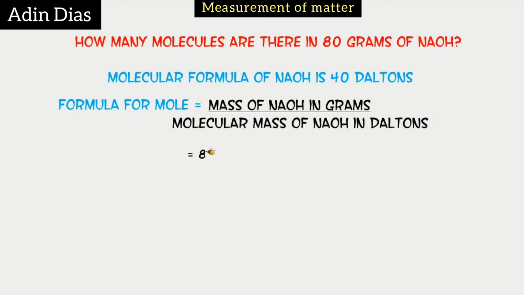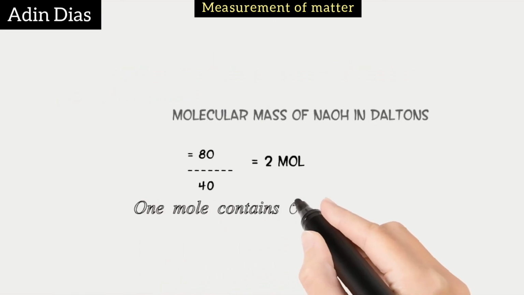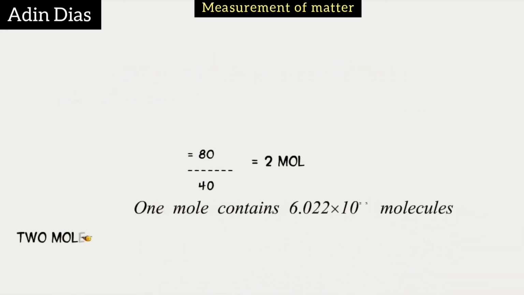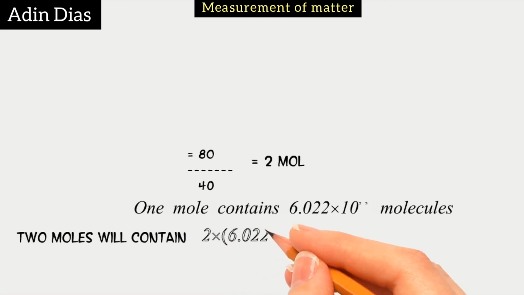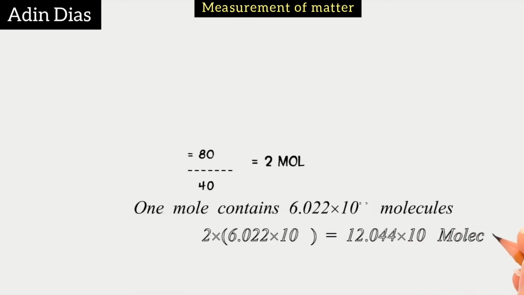So we get 80 upon 40, the answer is 2. So we got 2 moles as the answer. We already know that 1 mole contains how many molecules? So 2 moles will contain 2 into Avogadro number, which gives us 12.044 into 10 raised to 23.